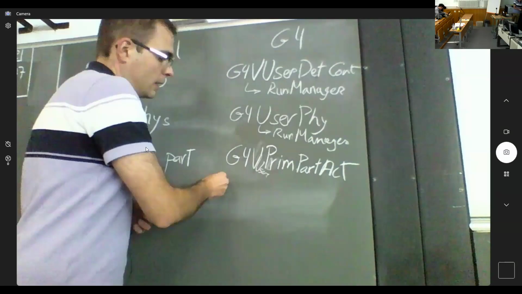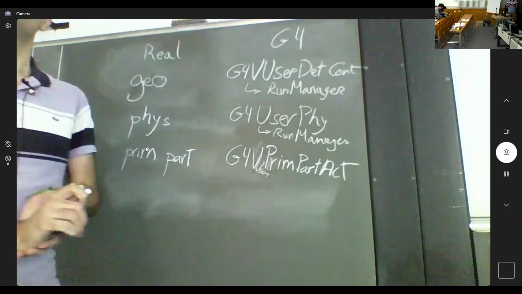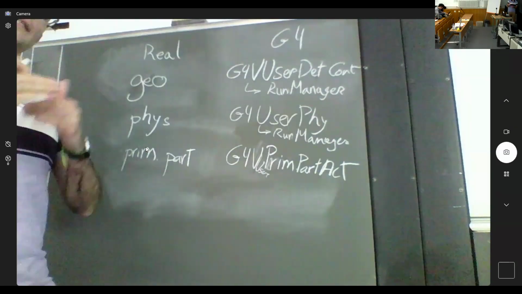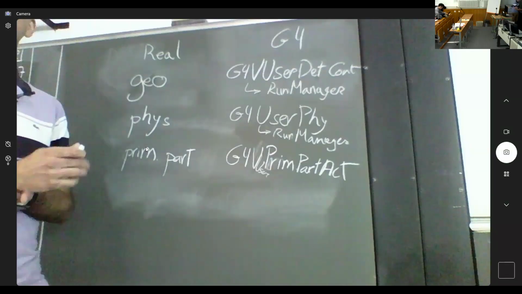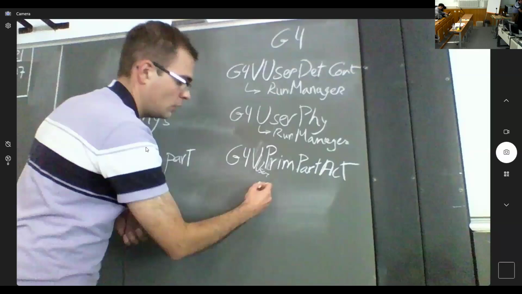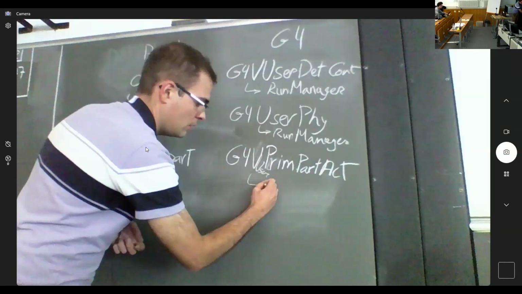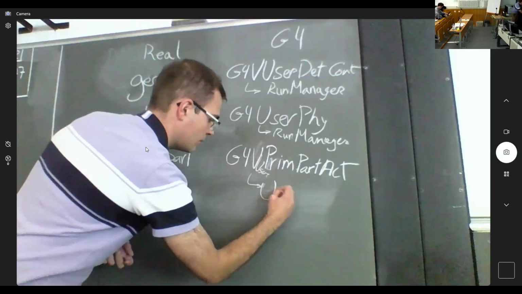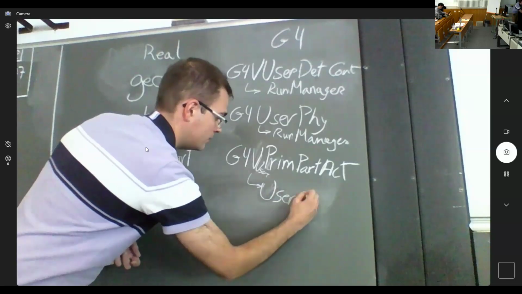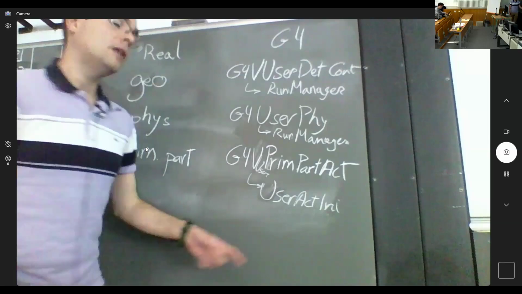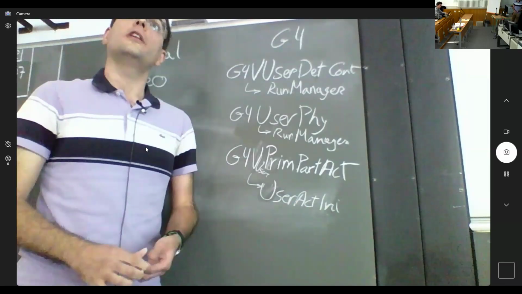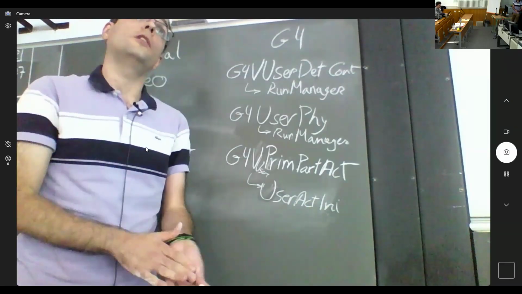And the so-called user actions are registered in an intermediate class called user action initialization, and this user action initialization is the one that will be registered into the run manager.